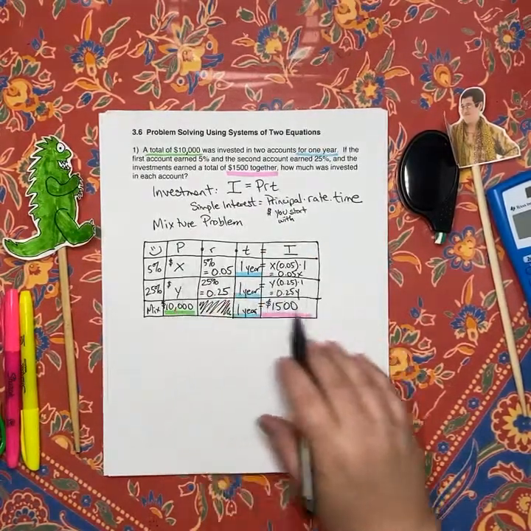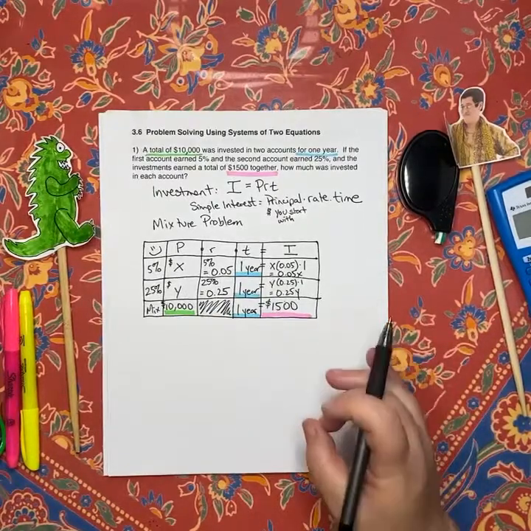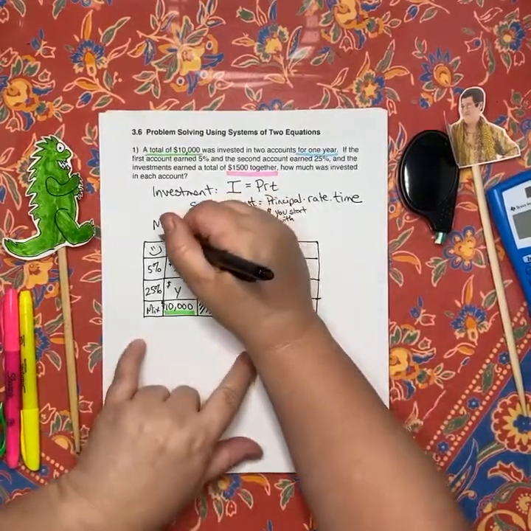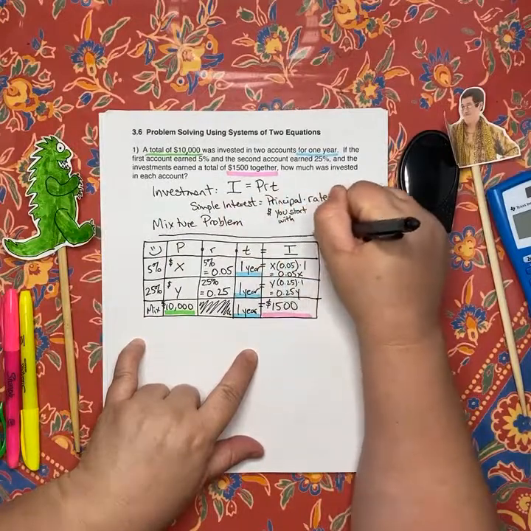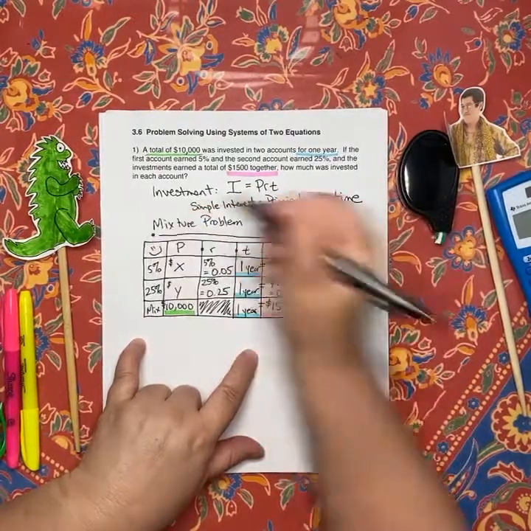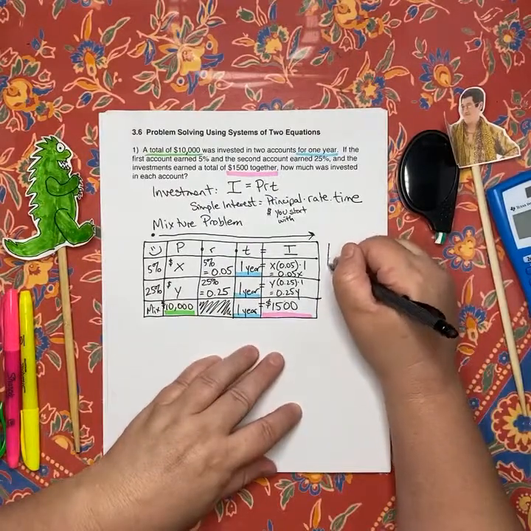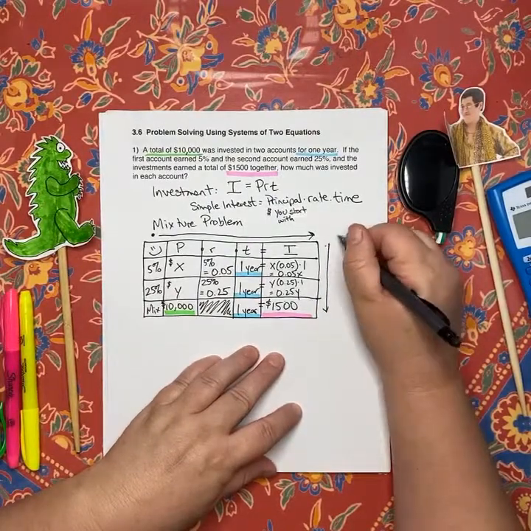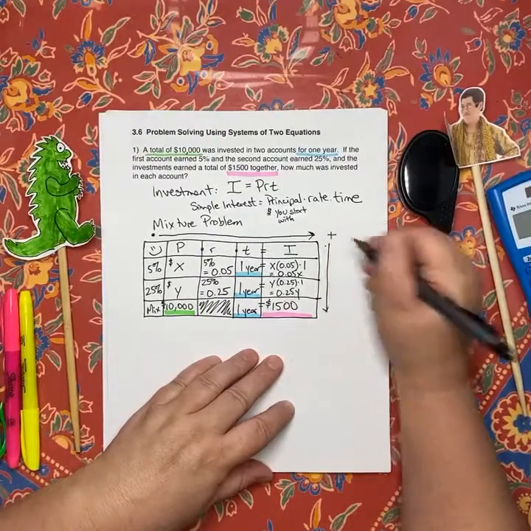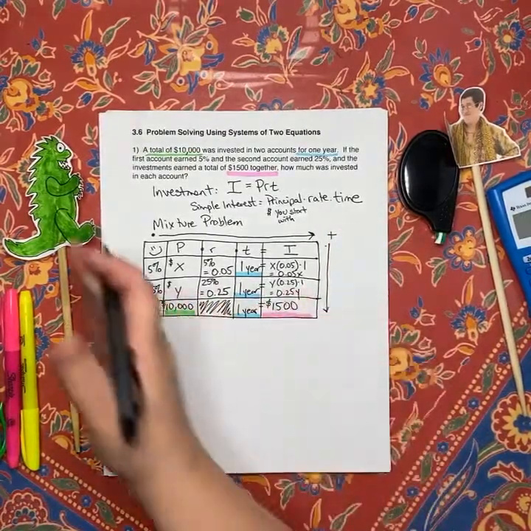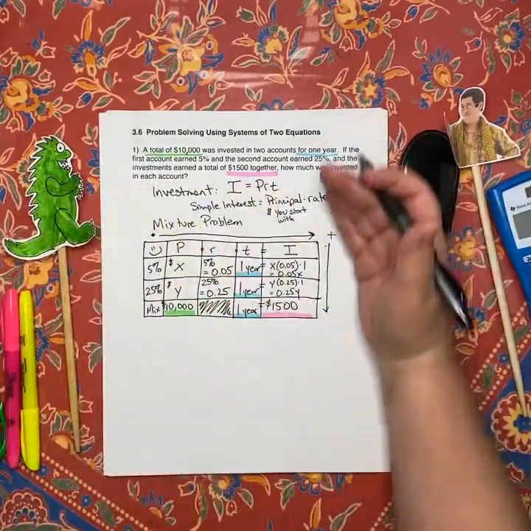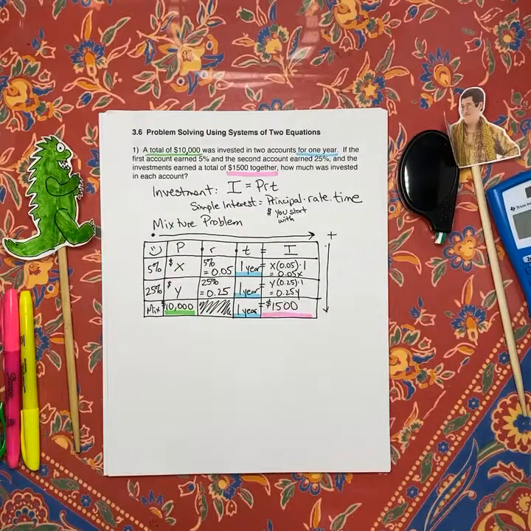So I multiply across. Now I'll tell you a hint. Mixture problems, the ones that we're going to focus on, as you move across, the formulas are almost always multiplication. And then there's another thing that happens, and that is that as you move down, because of the nature of mixture problems, you're going to add. So get used to the multiply across and add down.